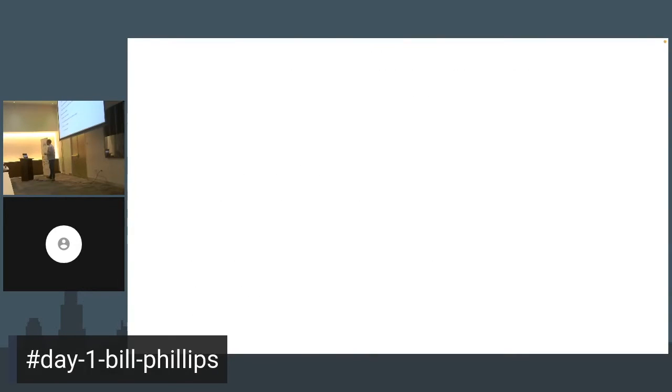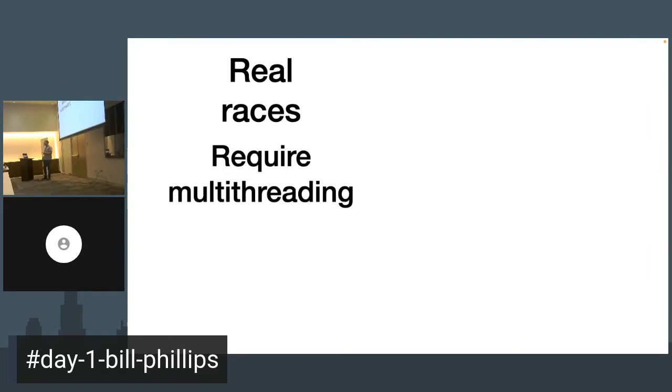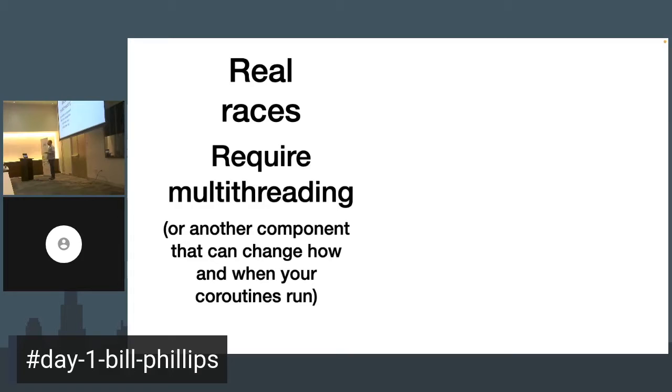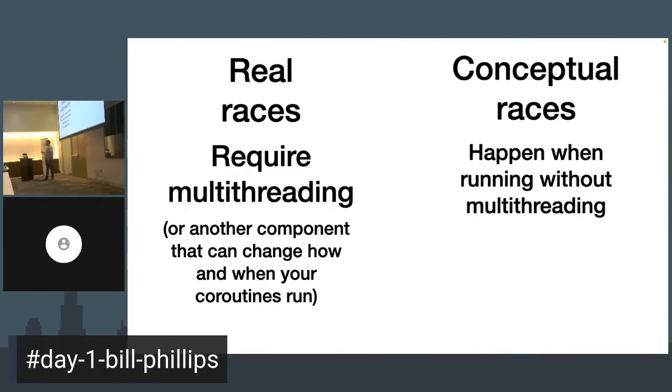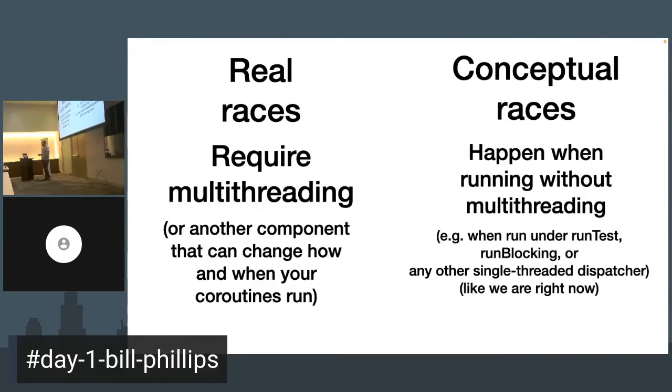It's fine. So to recap, real races require multi-threading or another kind of component that can change how your coroutines run when you run them, when your test code runs when you run it. Usually that's threads, it could be something else. And you've got conceptual races, which happen when running without multi-threading, like when you run in tests or runBlocking or any other kind of single-threaded dispatcher.